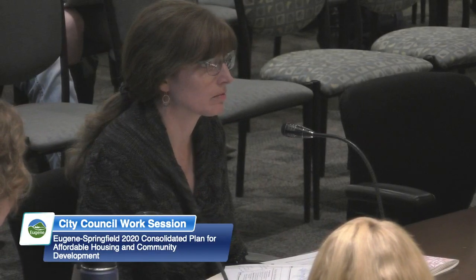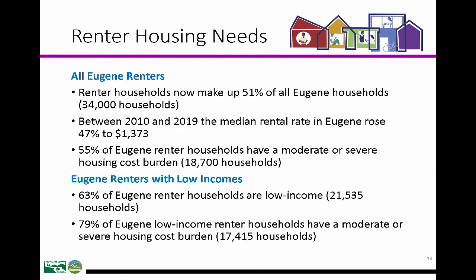No, these are all Eugene households. So when you look at the first slide, when you say all Eugene renters, we have 34,000 households in Eugene who are renters. And that includes single person, two person, three person, 5-person households. And with that previous slide you showed, 30% at 6 people was $36,000. So it's weighted for the dollars in each household?